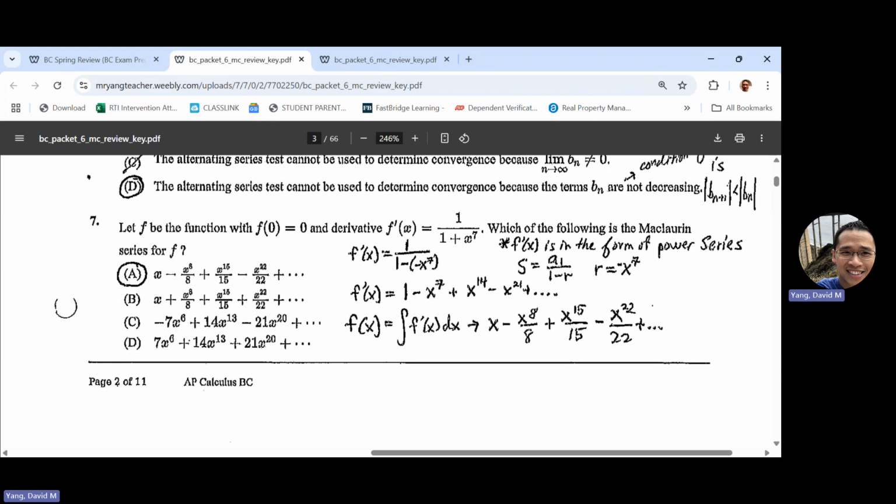So the goal is recognizing, oh, this is a power series. I can just use the geometric series form to build out my first few terms.